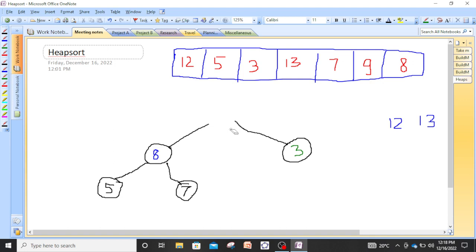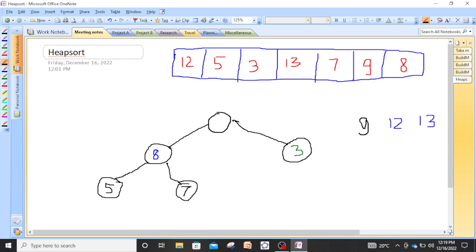So I removed the circle as well, and that 9 will be placed just before 12, the last element. But if you observe, the remaining structure is not a heap.